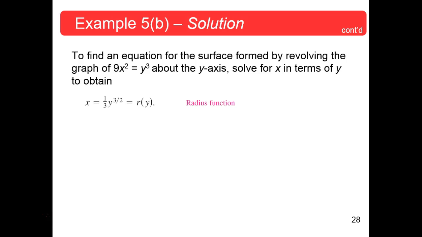Now we're going to give you an equation and say find the generating curve and the axis of revolution, which depends on the other two. So here's what they're going to do. Here's a surface of revolution.